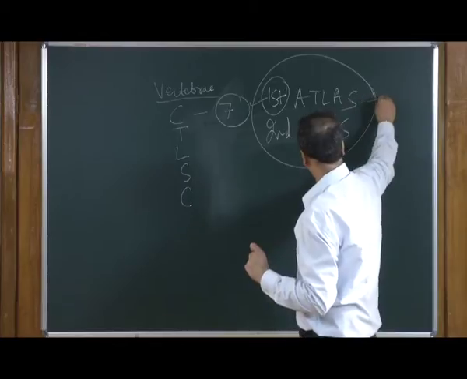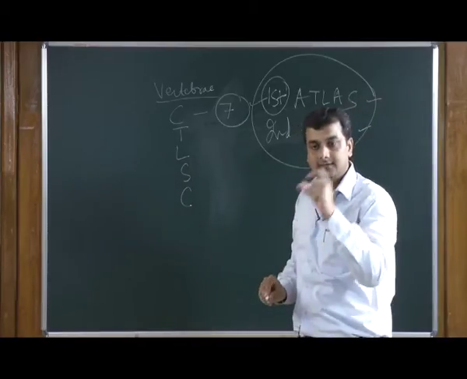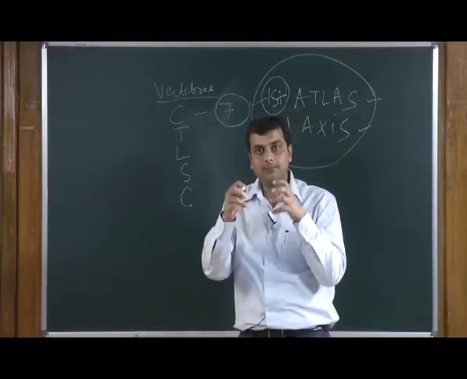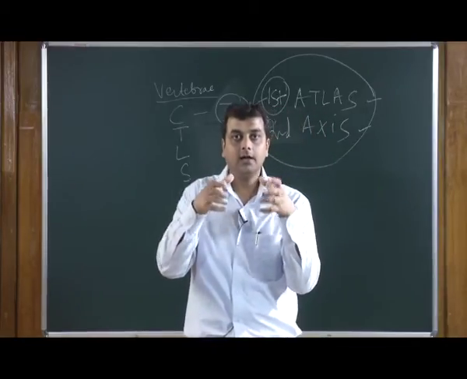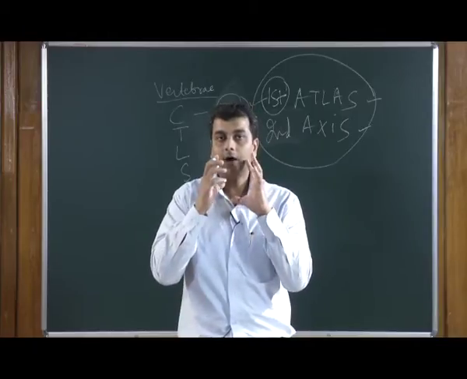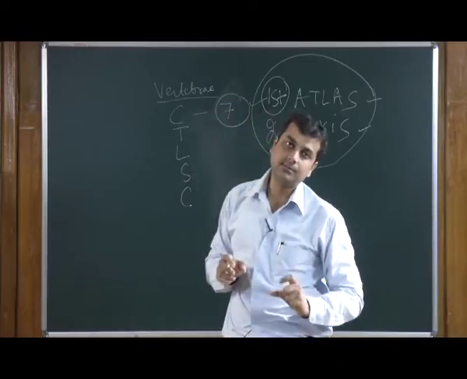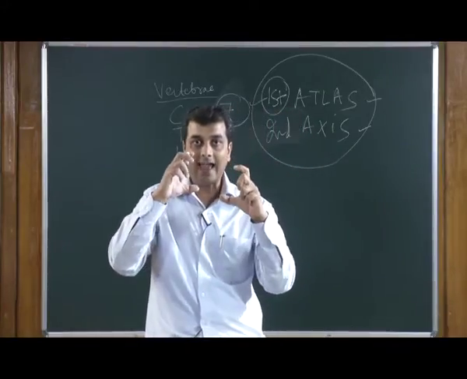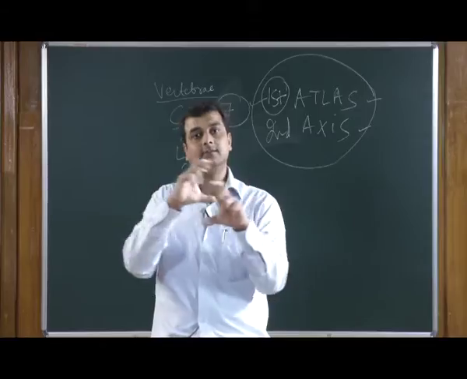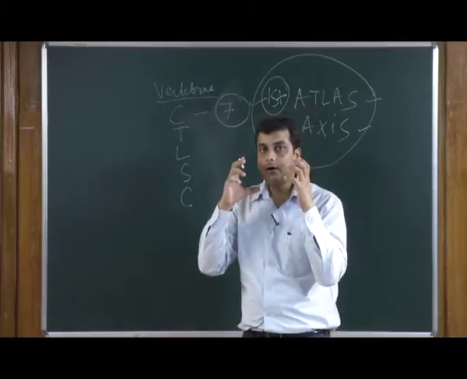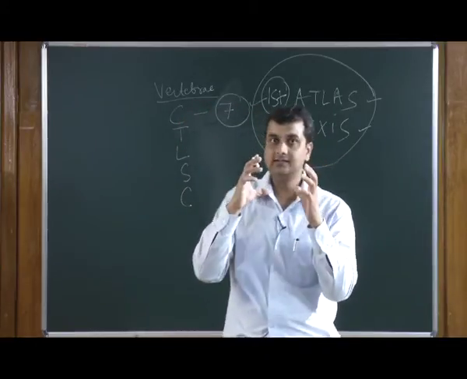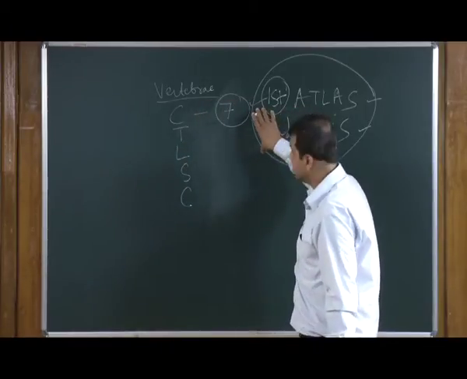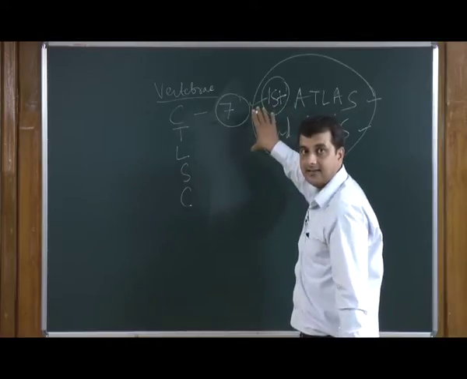The atlas and axis form a very important structure in the human body that helps our neck to rotate. We will discuss the joints in this area and how the atlas and axis rotation is linked to the movement of the upper skull region. The movement of the skull is nicely coordinated by the atlas and axis vertebrae.